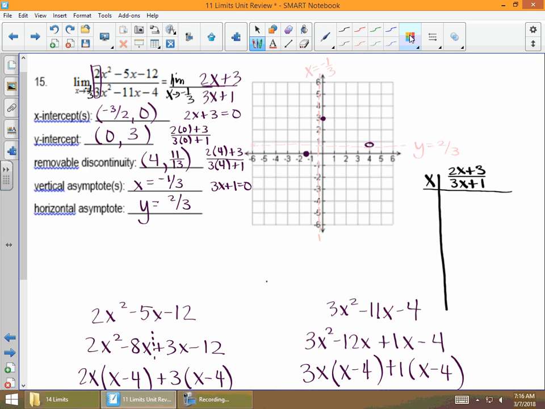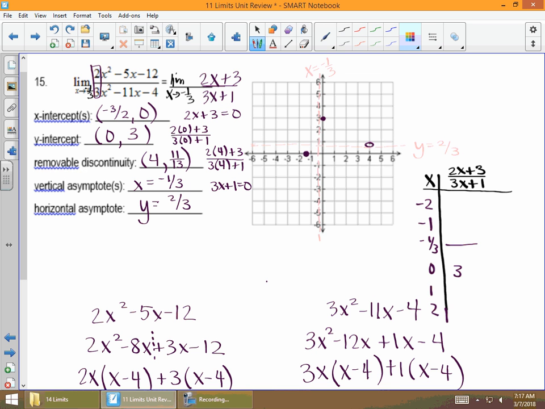So I'm going to, I think, use -2 and -1. Not going to use -1/3. -1/3 is where our asymptote is. 0 we already have. At 0, our output is 3. I do think I'm going to go ahead and do 1 and 2 so I can get a good picture of what's going on there.